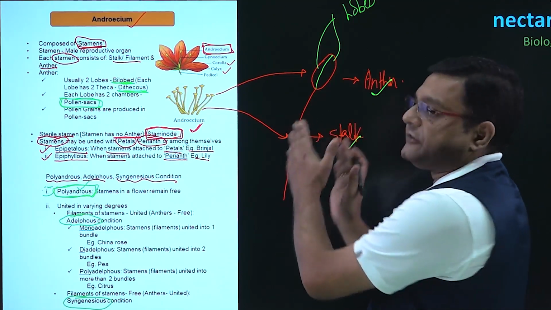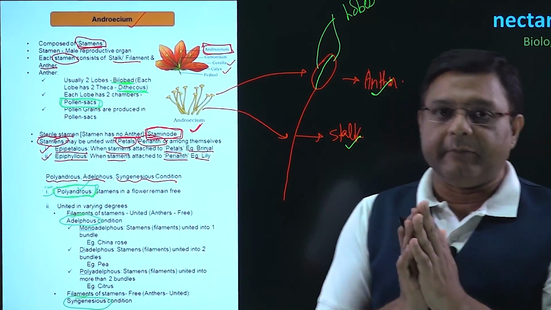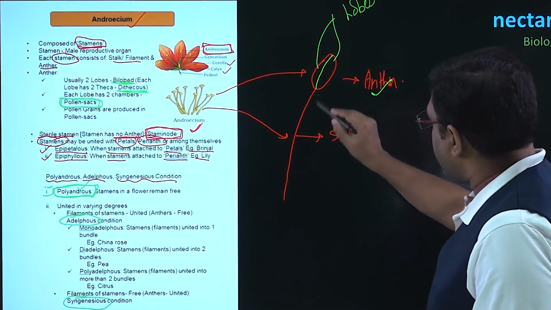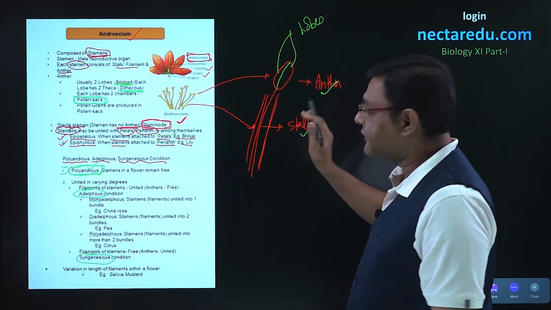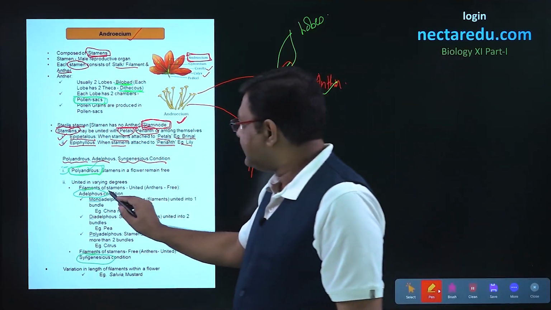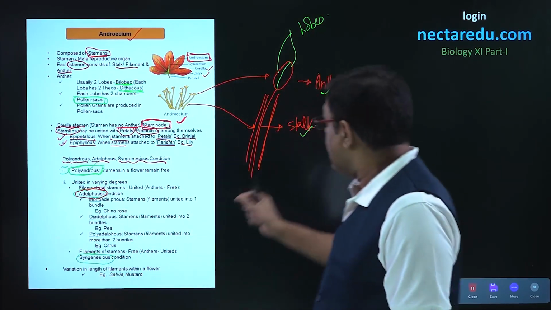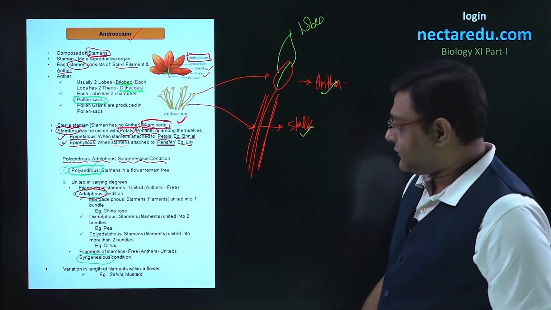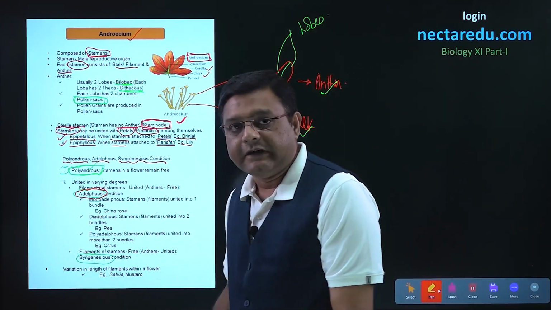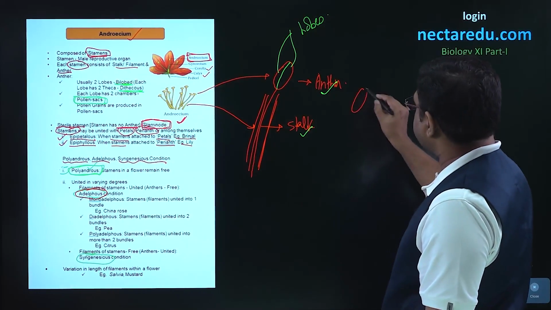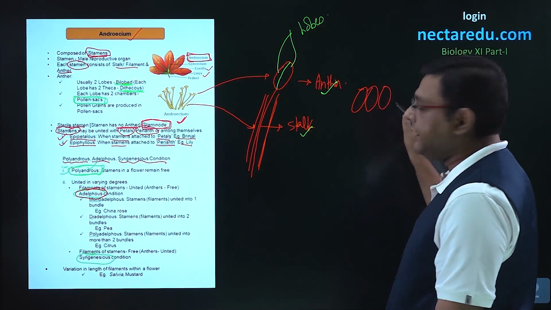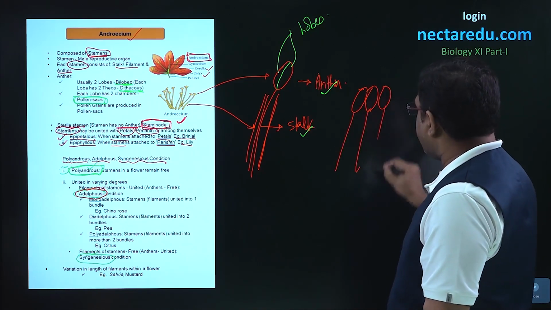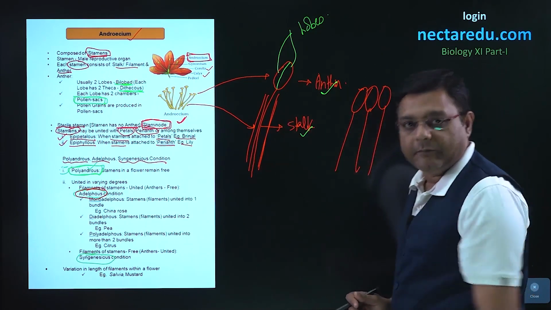Now, if the stalks of different stamens are joined to each other, this condition is called Adelphous condition. So, stalks will be joined, but anthers will be free. The second condition is the syngenesious condition. In syngenesious condition, the anthers will be fused to each other, will be united, but stalks will be free. So it is just opposite.